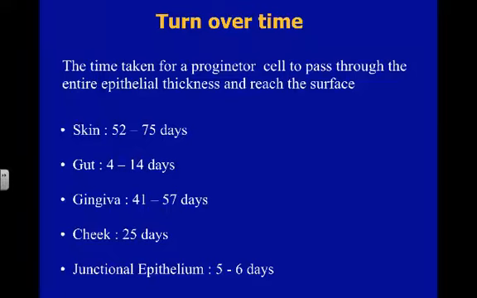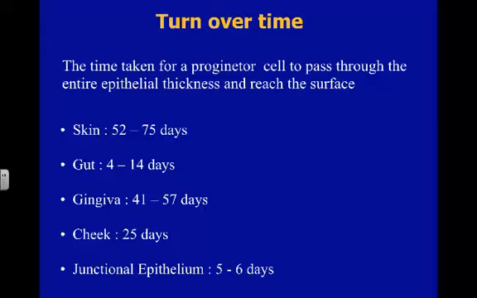The typical turnover time from basal layer to superior level of skin could be between 50 and 75 days. In the GI tract, I think I told you it lasts about 17 days, but really 4 to 17 days in that range. Your gingiva, when you go from basal level production to removal, is between 41 and 57 days.